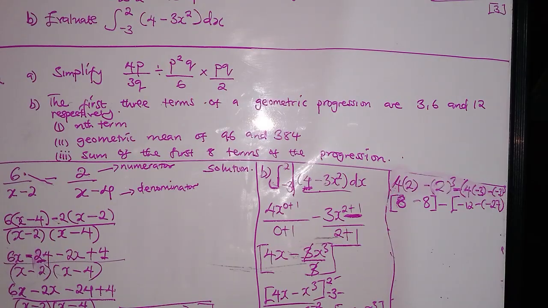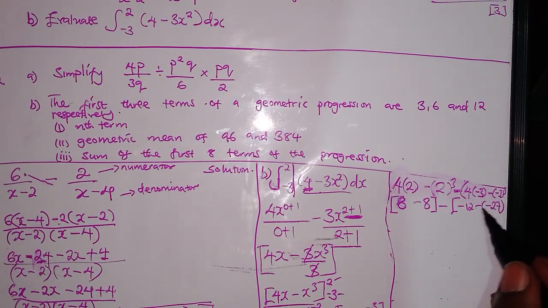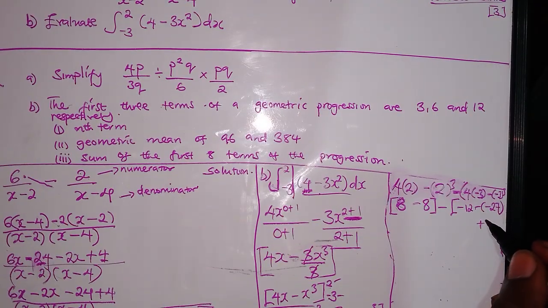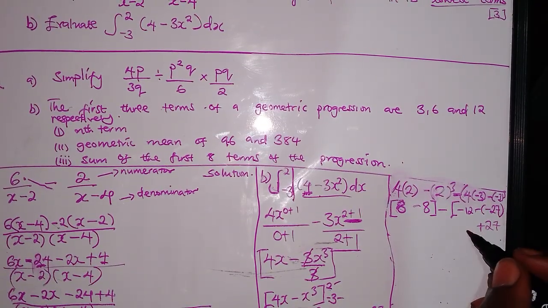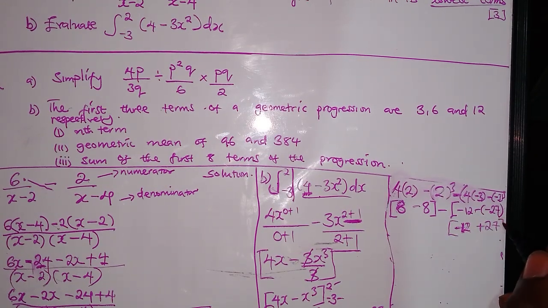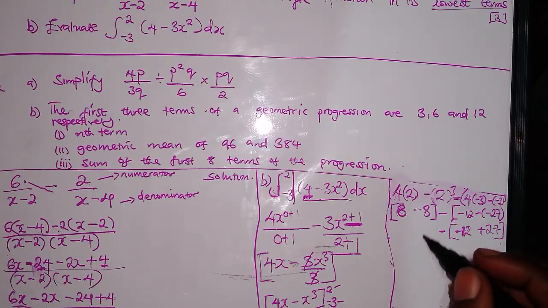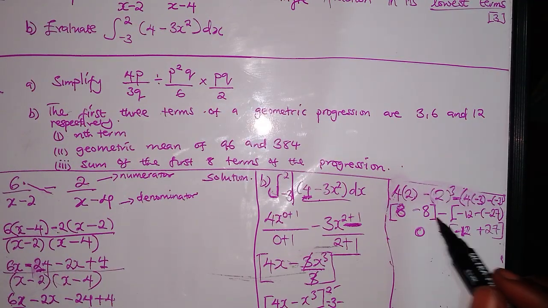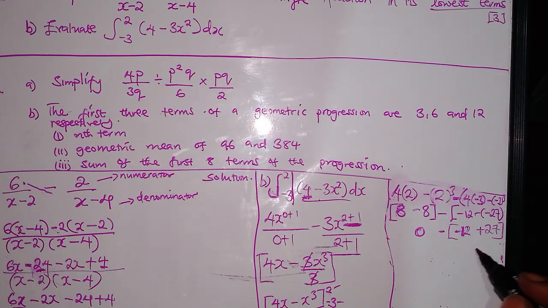Then here we said negative times negative, we have positive 27. Then here we have -12, minus, then here we have 0, because when you subtract 8 minus 8 it is 0. So we are only remaining with this side.